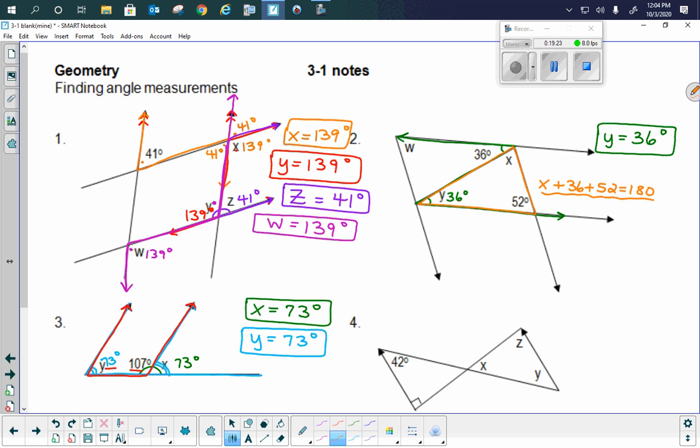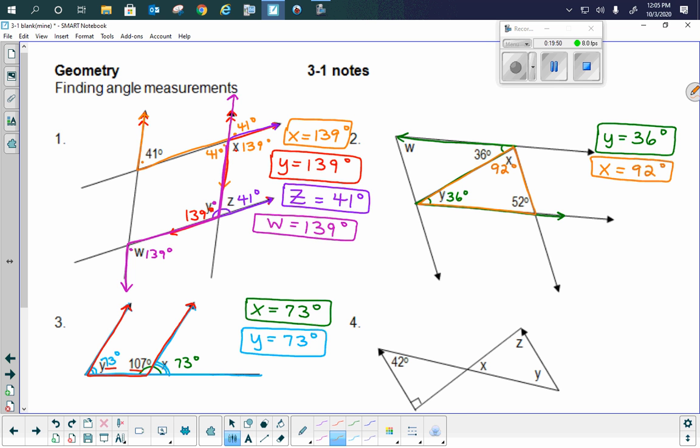So add 36 and 52, subtract from 180, and you will get that X equals 92 degrees. I'll go ahead and put that in the picture. Okay, so X equals 92 degrees. Again, notice we don't need to solve these in order, just wherever it comes up.